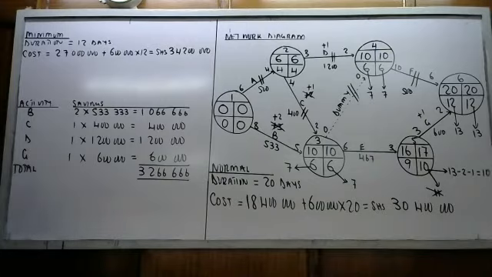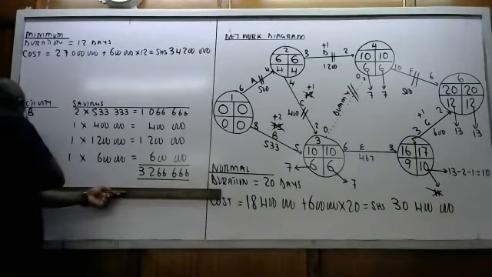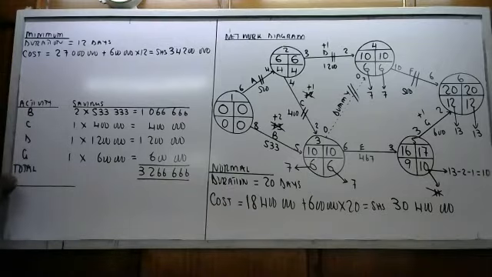Okay, I hope we have agreed that. We have agreed to that. So if we have agreed, then we can now come and give optimum. Optimum is the most economical.